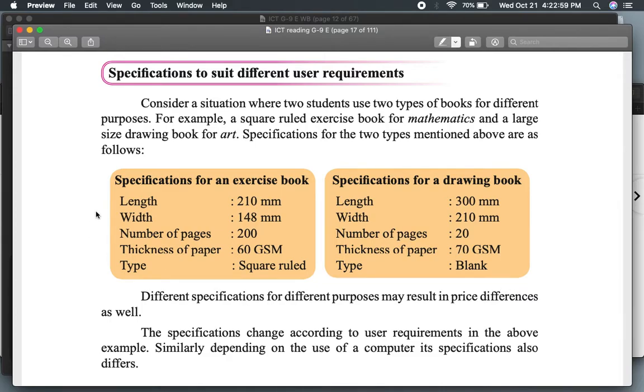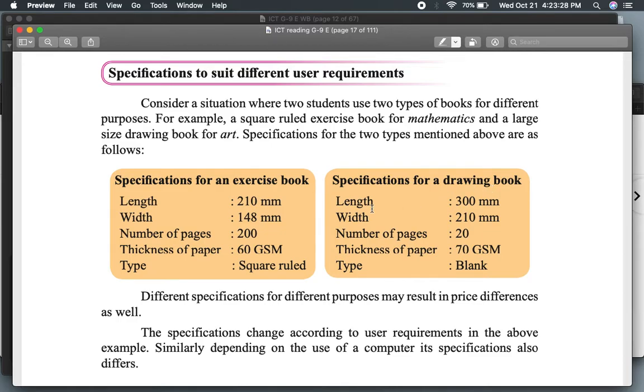So there they list out the two specifications. The maths book would be length 210 millimeters, width 148 millimeters, number of pages 200, thickness of paper 60 GSM, and type square ruled because it's going to be used as a mathematics exercise book.